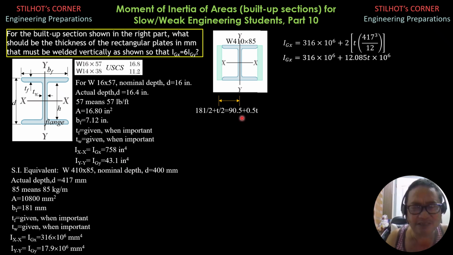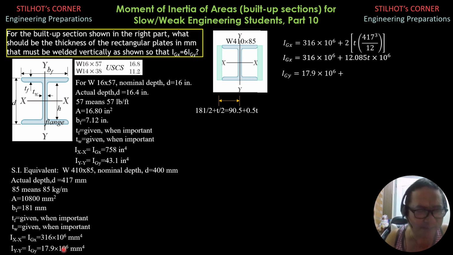So that's the distance between the parallel axes. So IGY is equal to 417 t cubed over 12 plus area 417 times t times distance quantity 90.5 plus 0.5 t, squared, plus IGY of the wide flange.